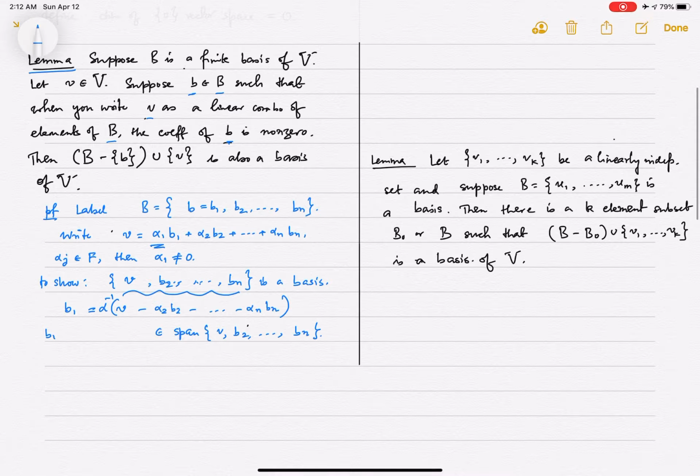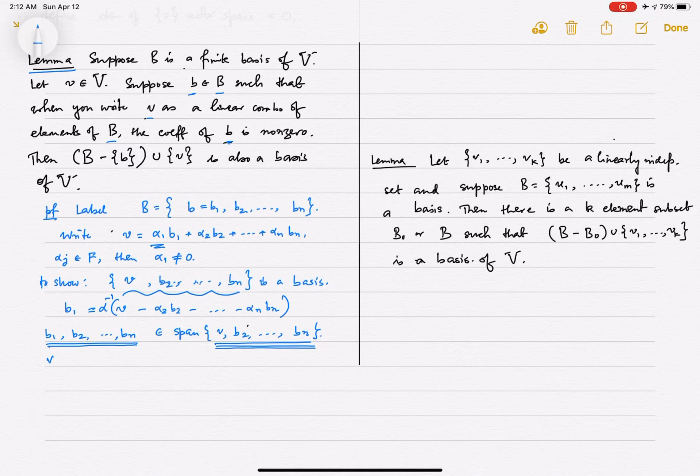B1 is there. But B2 is also a combination of these guys, of course, because B2 is in that list already. Same for Bn. That tells you that these guys, B1, B2, ..., Bn, can be written in terms of those guys. So anything that can be written as a combination of these guys can also be written as a combination of those guys.